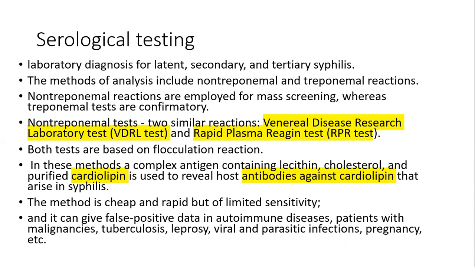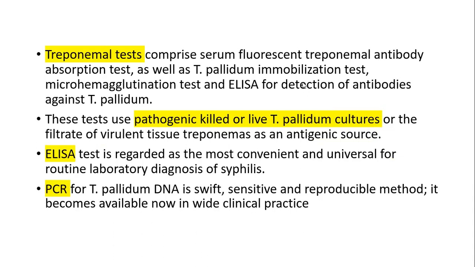It means that this patient needs a deeper diagnostic method. Treponemal tests comprise the fluorescent treponemal antibody absorption test, as well as the T. pallidum immobilization test, microhemagglutination test, and ELISA for detection of antibody against Treponema pallidum.